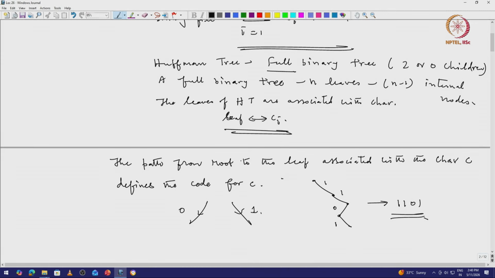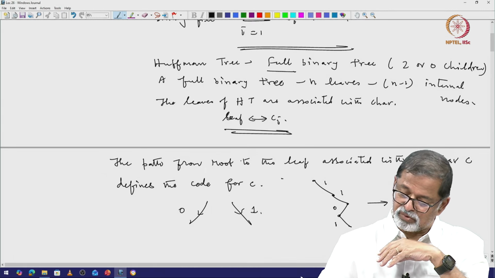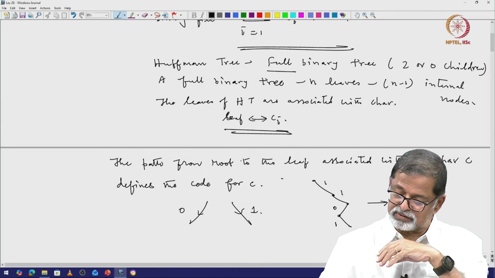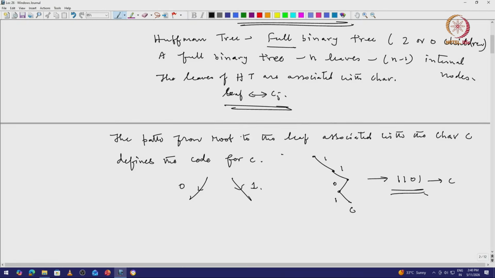Therefore, the path has several right edges and left edges that correspond to a 0 1 sequence, and that is the code. If this is the character, then this will be the code for the character.